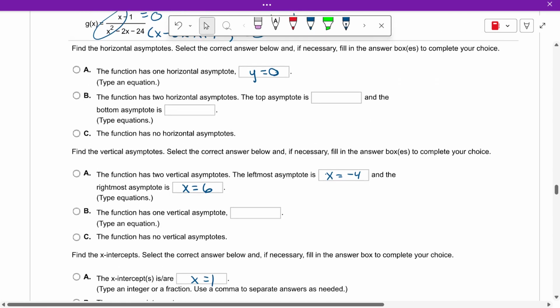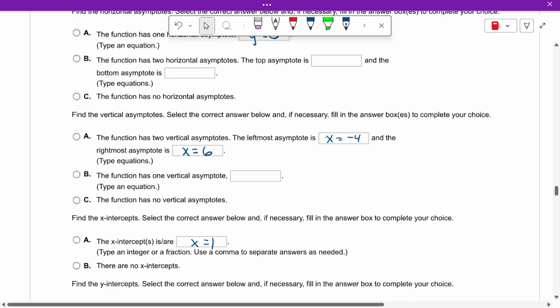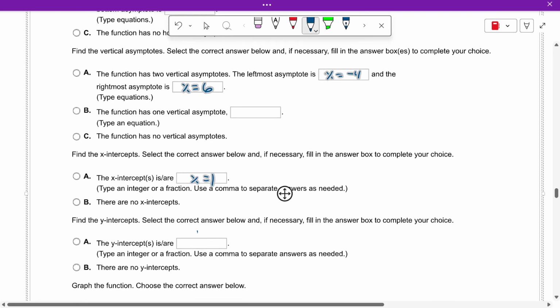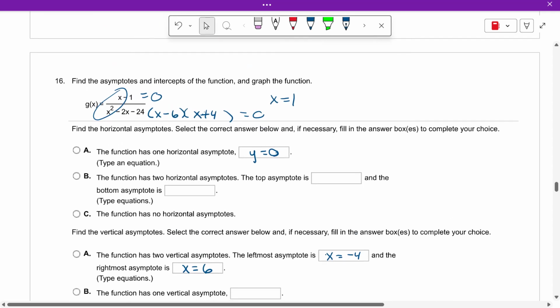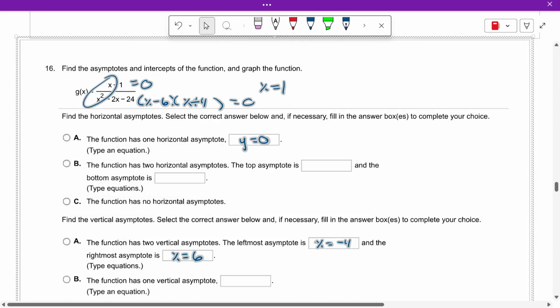And to find your y-intercept, you just graph it on your graphing calculator and figure out where it happens. And it happens at 0, 1/24th. Because you just put a 0 in for all the x's, and you get negative 1 over negative 24, which is 1/24th.